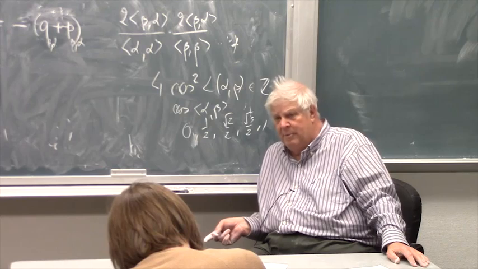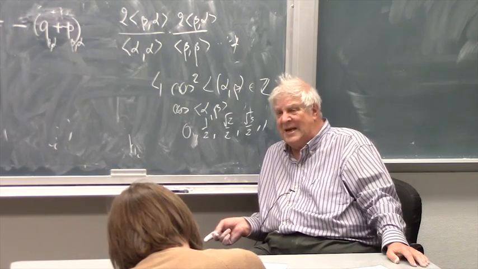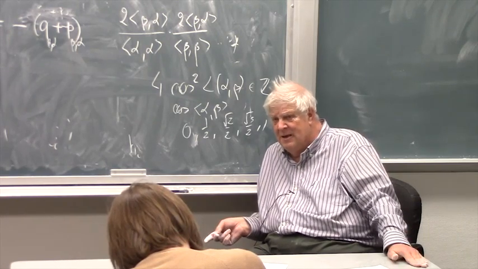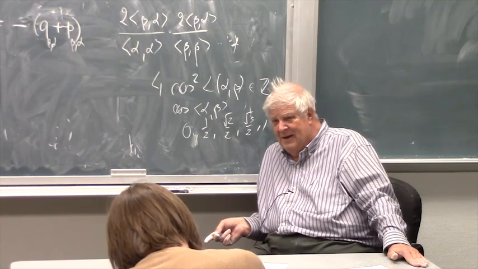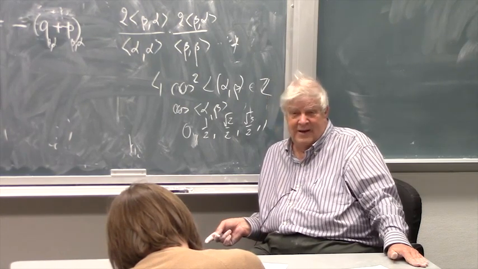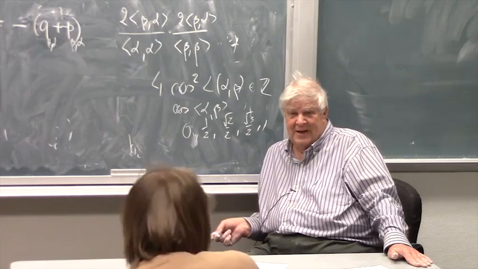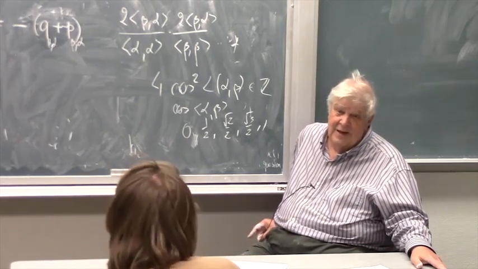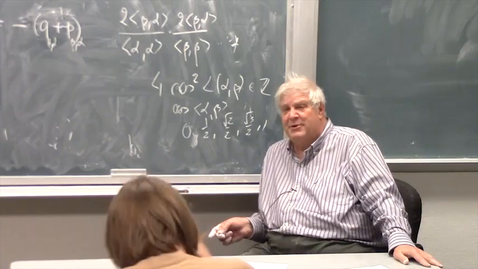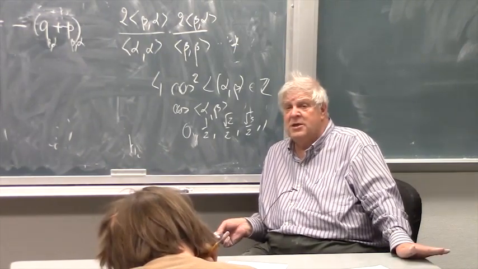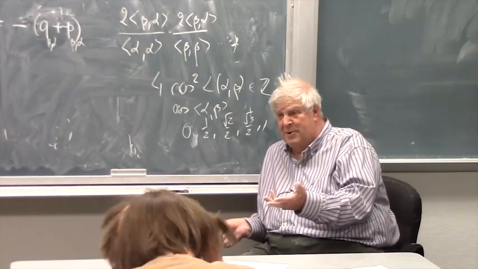Linear combination with what coefficients? Integer or rational? Rational. This is too much. With rational coefficients. Because actually coefficients can be found in terms of inner products.